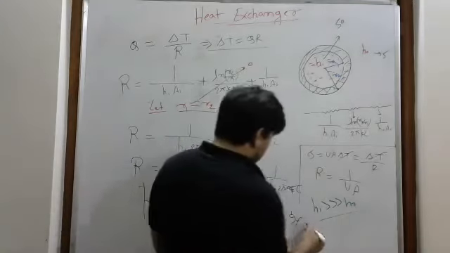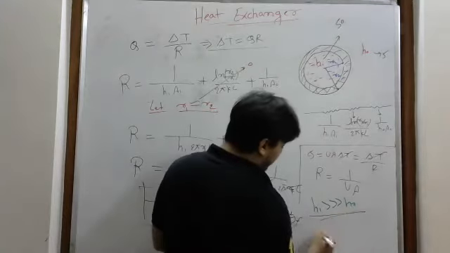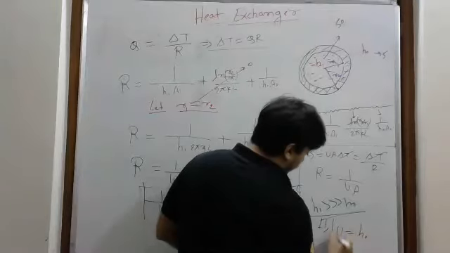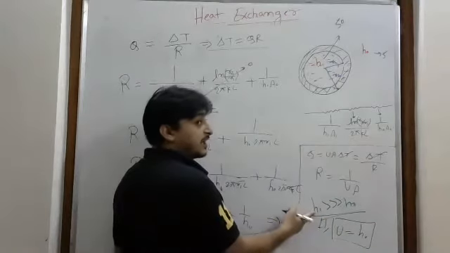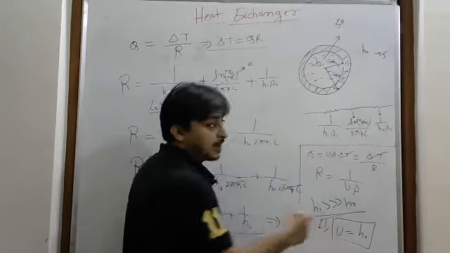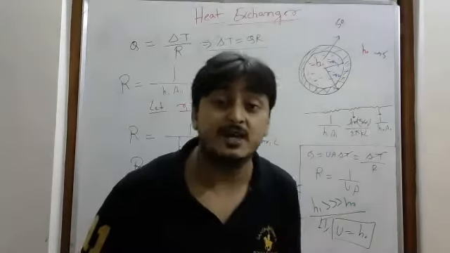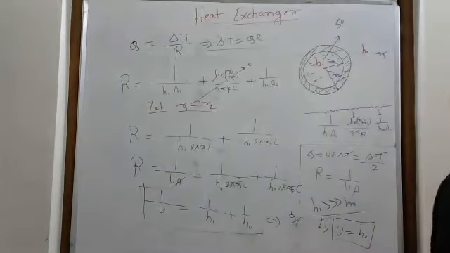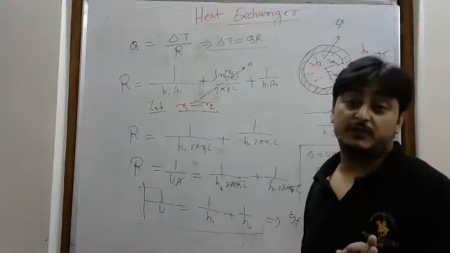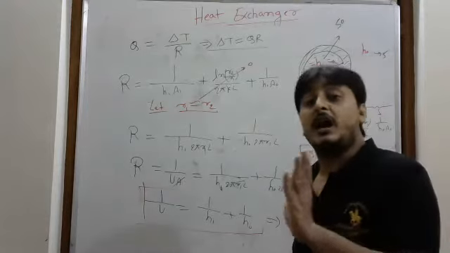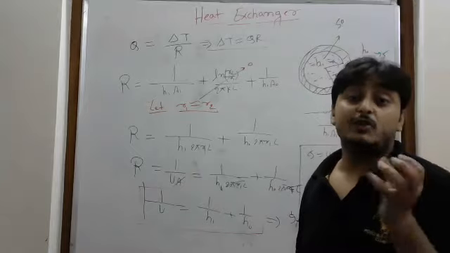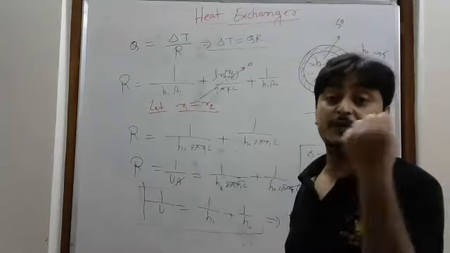So if HI is greater than that much, what will happen? U equals HO. If HO is very much greater than HI, then which value decides U, the overall heat transfer coefficient? Now again, if the internal heat transfer coefficient of the fluid is very high compared to the heat transfer coefficient of the outer fluid, then who will decide the overall heat transfer coefficient?